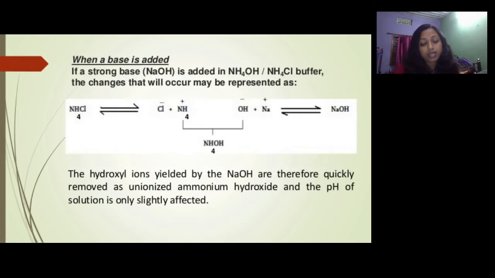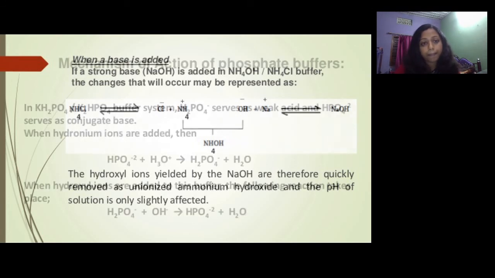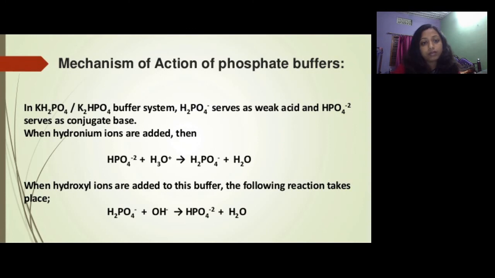And when a base is added, ammonium hydroxide will be produced, and the pH remains constant. Now, here is given the mechanism of action of phosphate buffers. From these equations also we can understand the pH is not changed by addition of acid or base.